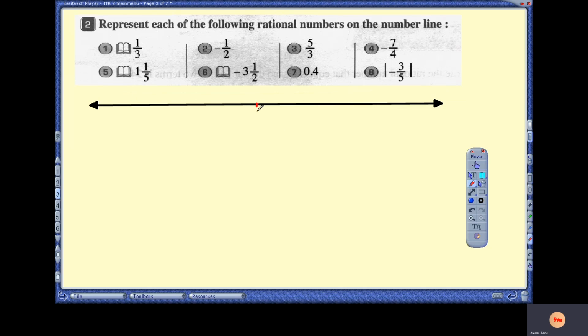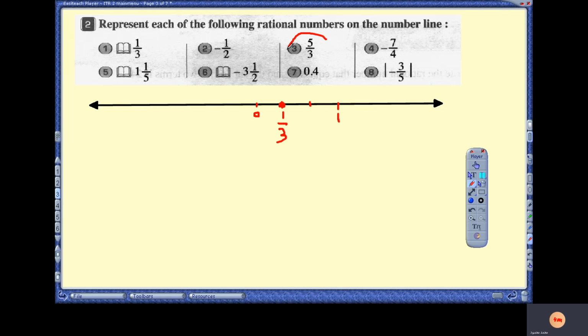Here you will make a number line 0. For the first, 1/3, you will divide the distance from 0 to 1 into 3 equal parts by making 2 lines. The first line is a third, then you will put a point here.